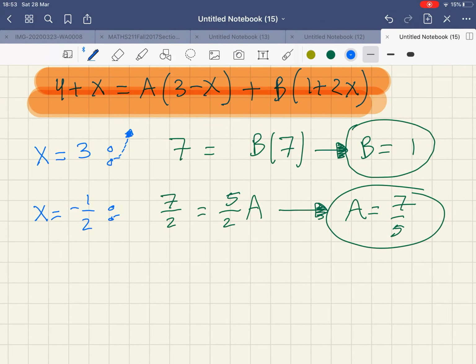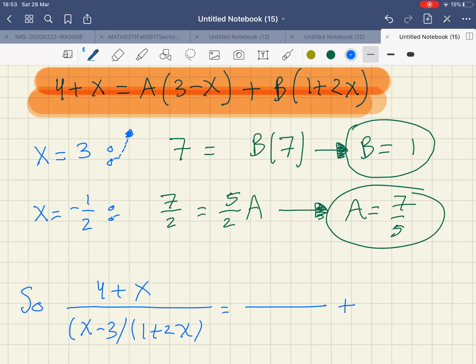So the final answer: (4 plus x) over (x minus 3)(1 plus 2x) is equal to something over (x minus 3) plus something over (1 plus 2x). What shall we write on the top?